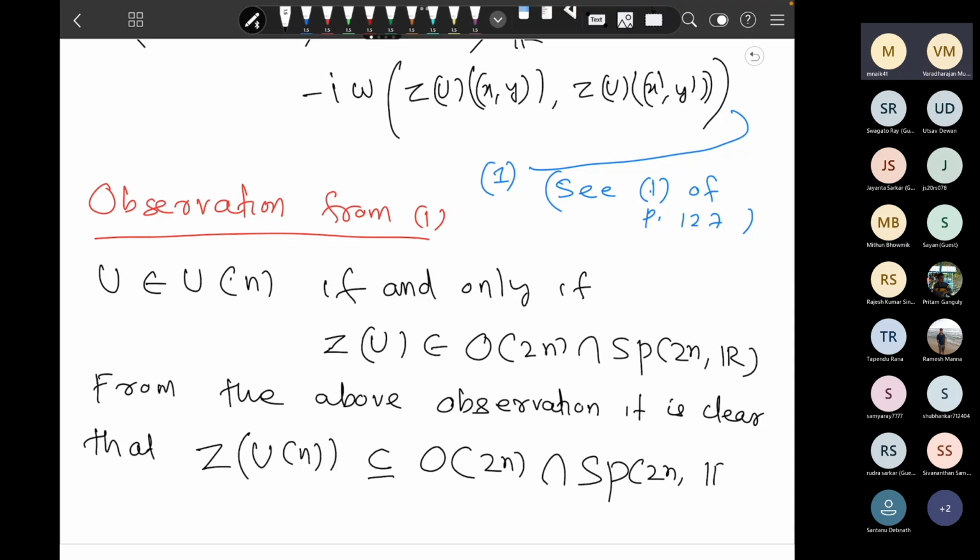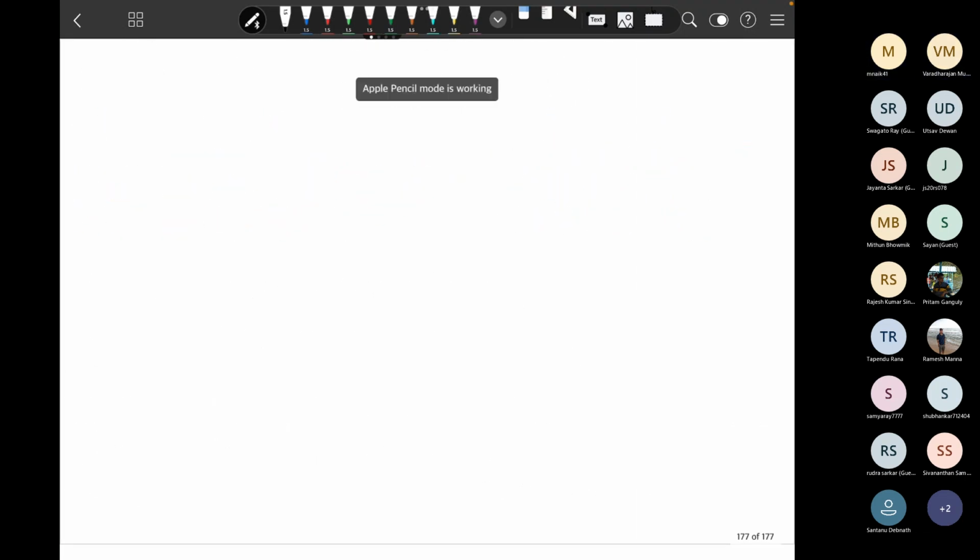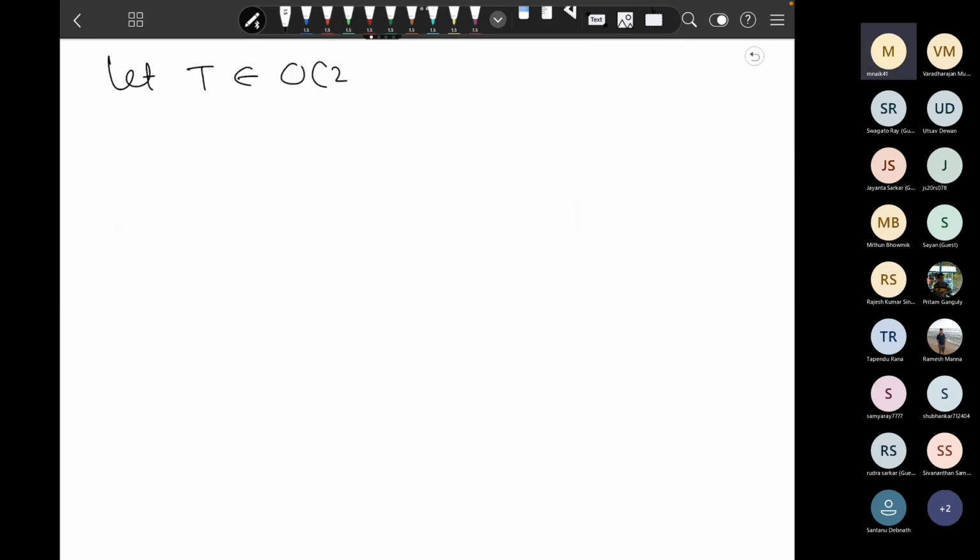Now I want to prove the converse. Let T belong to O_2n intersection Sp_2n(R).